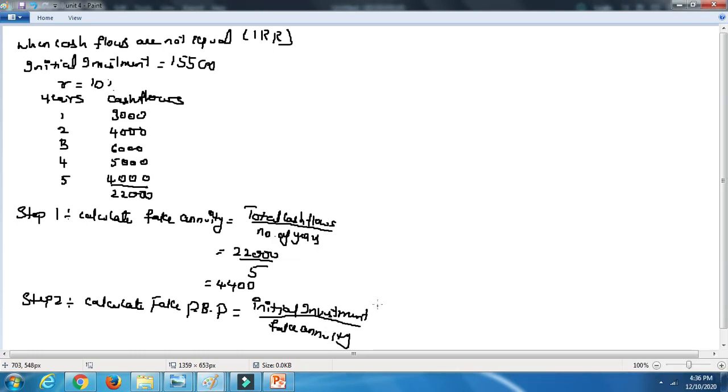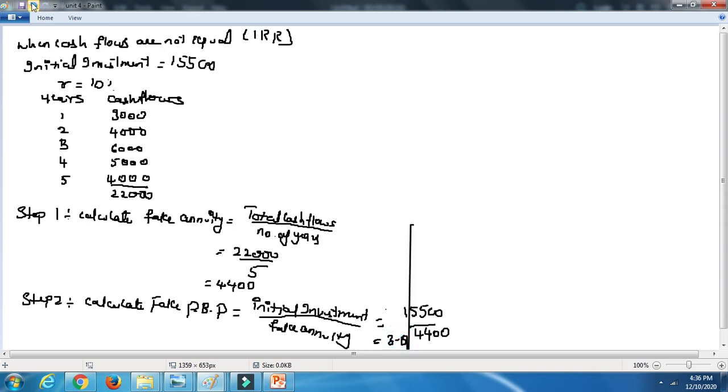So if you see this, the initial investment is 15,500 divided by the fake annuity, which we got as 4,400. If you calculate this, you get the value 3.5.